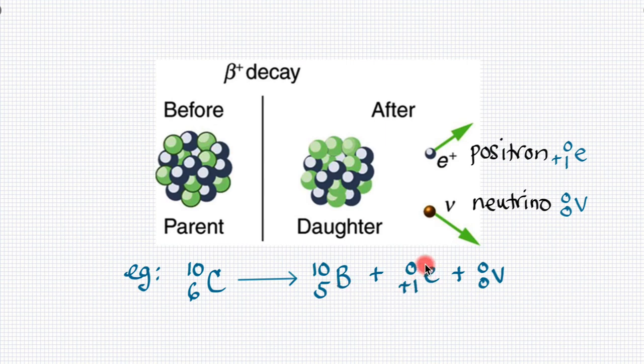Here is the release of the positron or beta plus particle, and of course the neutrino. Just checking our balancing again, as we do: conservation of charge, conservation of mass. And of course we check our nucleon numbers on both sides of the equation.